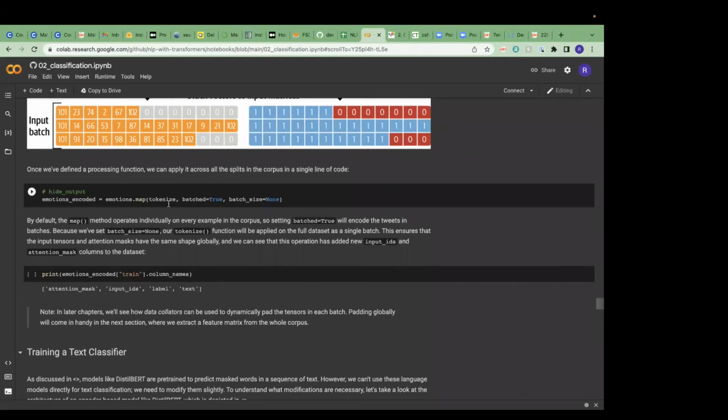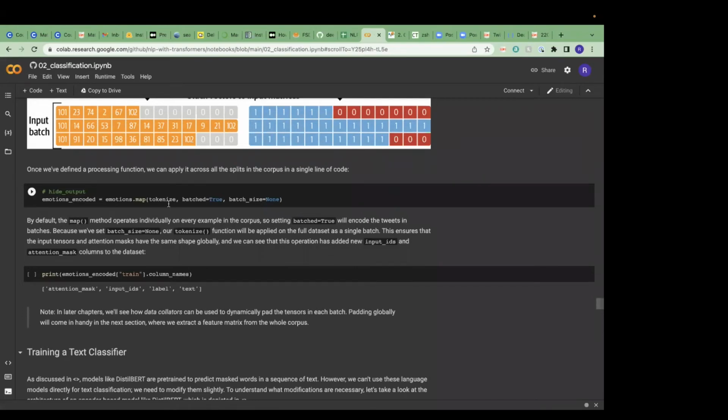But in this case, since the data set is not that large, and the task is not a super difficult task as far as NLP, tokenizing the whole data set is fine.